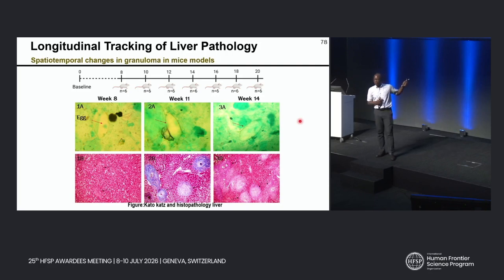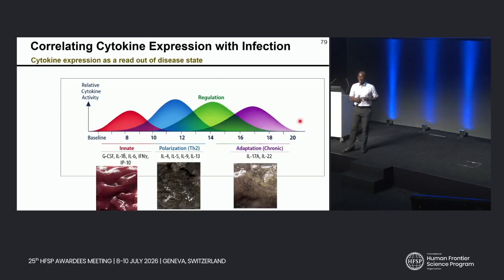Right now they're doing what we call a longitudinal assay, from week 1 to week 14, assessing the kinetics of granuloma formation and also how the cytokines are changing. We are looking from the infection phase to the acute phase to the chronic phase, and looking at how cytokines are changing through this whole process.